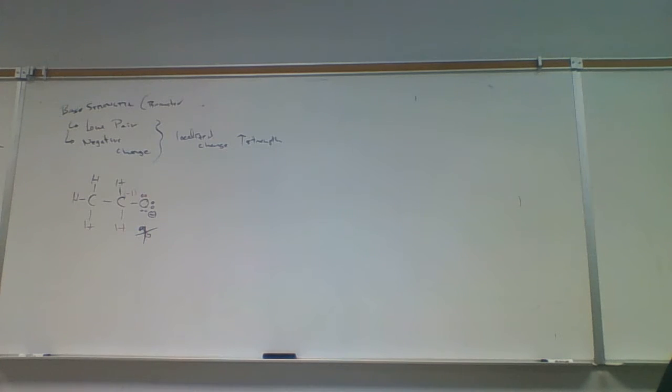Well, let's take a look at this here. Now, we're going to compare two pushers here. This one, what's the oxidation state here? -3. This one is -2. So which one should be a better pusher, -3 or -2? -3.